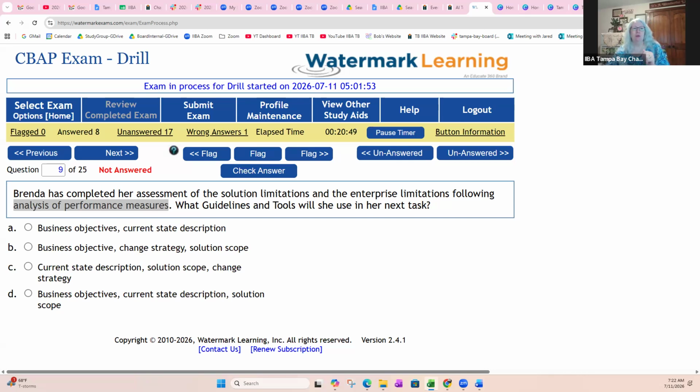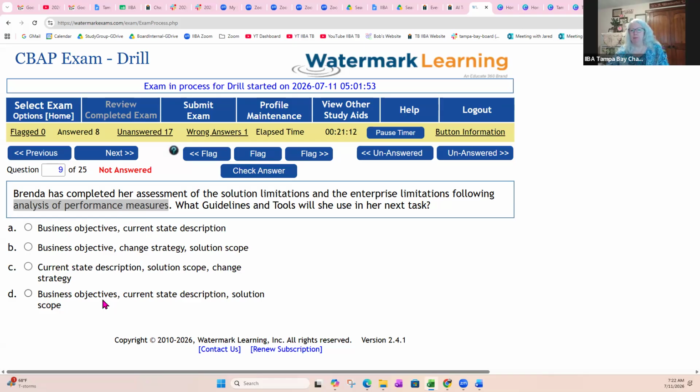The guidelines and tools that you use in that task. Is it business objectives, current state description, change strategy, solution scope; or current state description, solution scope, change strategy; or business objectives, current state description, solution scope?